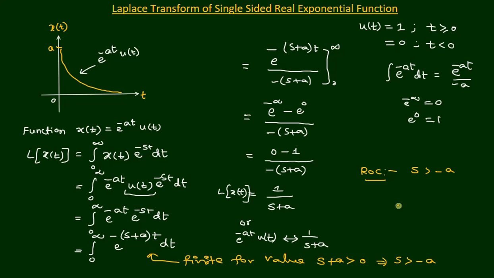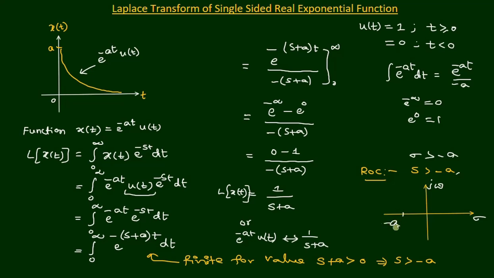Now we can see the ROC plot. This is the real axis, this is the imaginary axis. The ROC exists for s greater than -a. It means the real part of s, which is sigma, is greater than -a. So -a we can mark in the s-plane on the negative axis side.